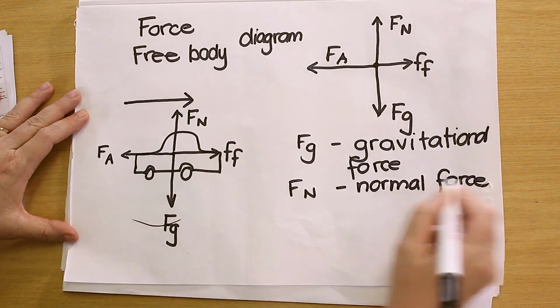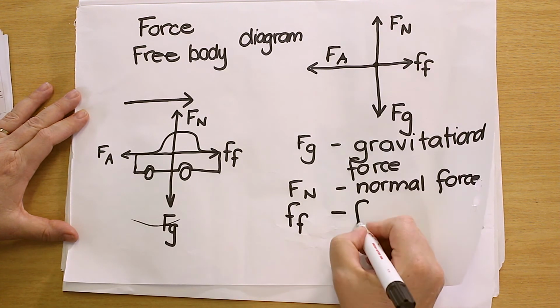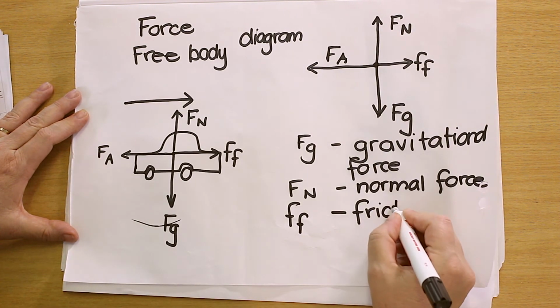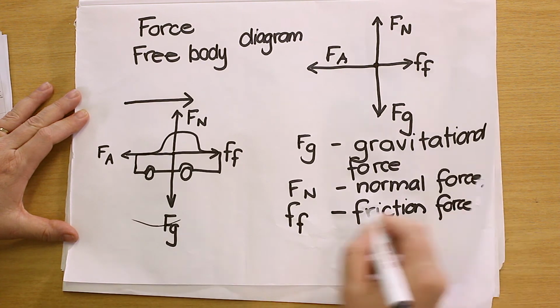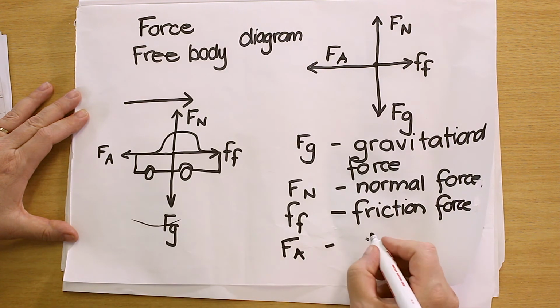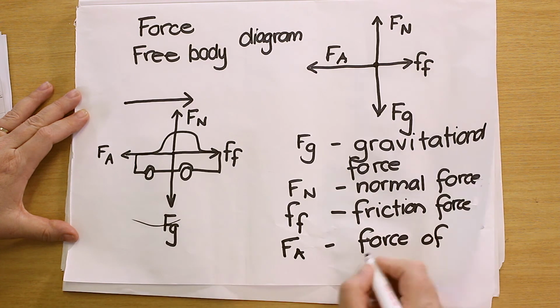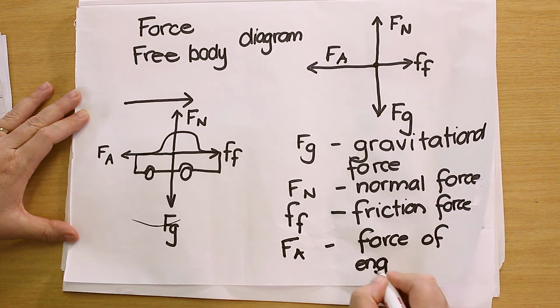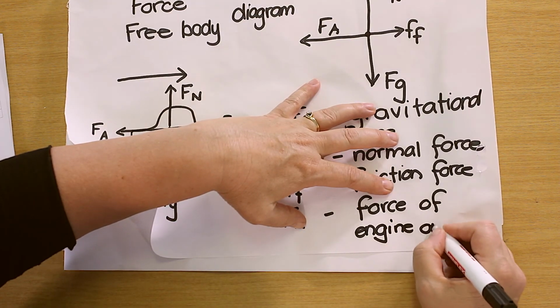Your friction force, the symbol F, small f to indicate friction force, and your applied force, Fa, is in this case the force of the engine. It is the force of the engine on the car.